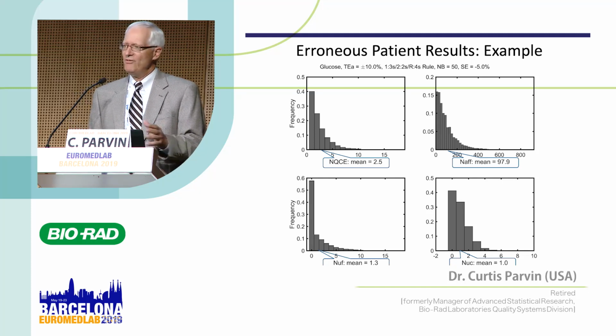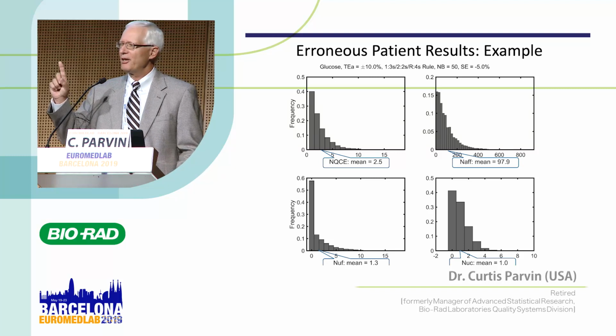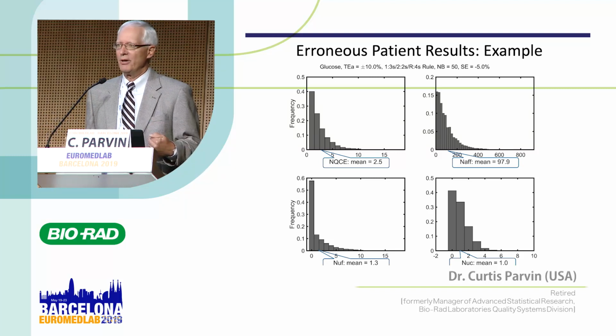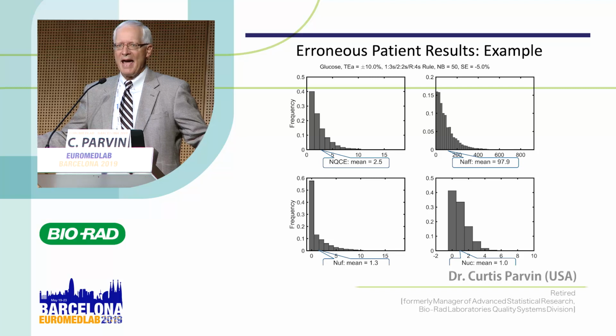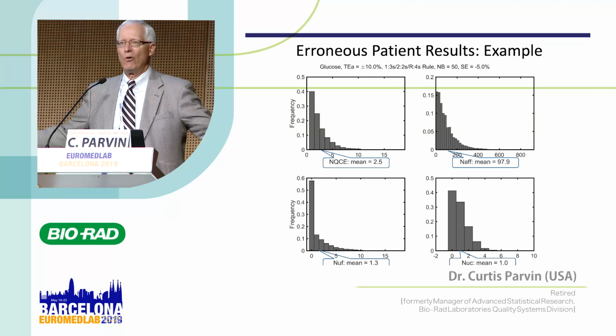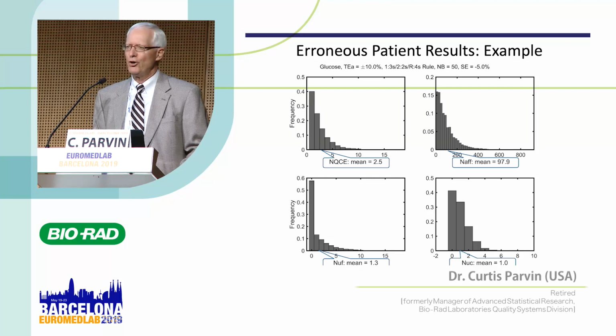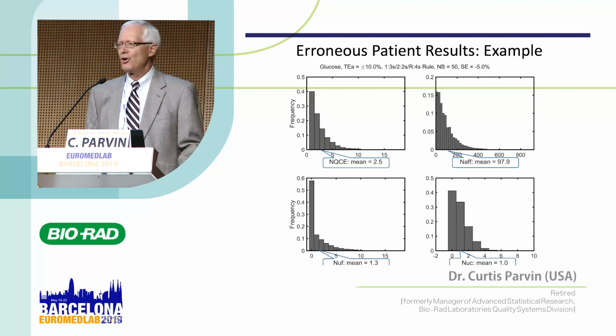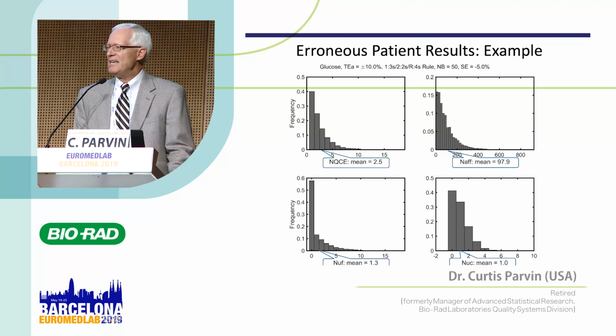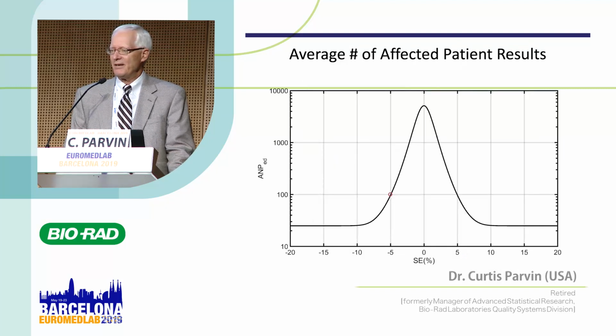Now again, we've done this just for one particular out-of-control condition, a 5% shift downward, but we really need to ask the same question for a wide range of possible out-of-control conditions. If you do that, you can generate curves. So this is the curve for ANPED, the average number of patient results affected.